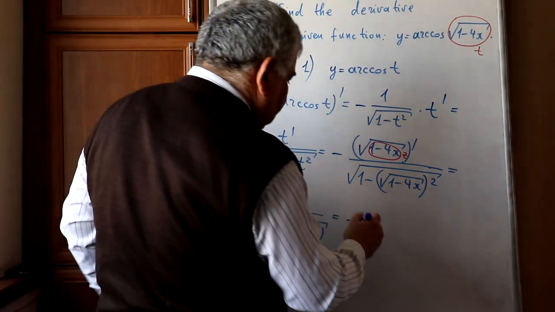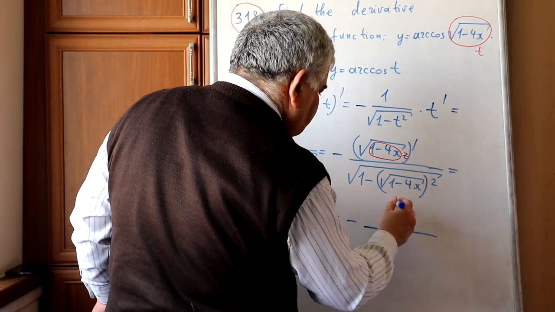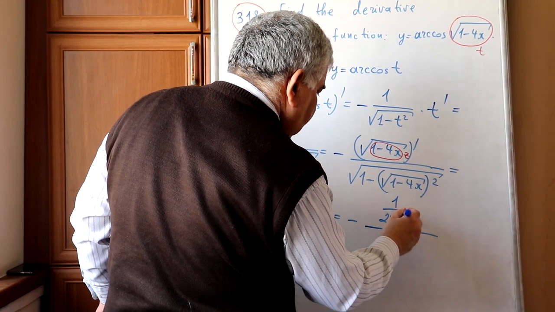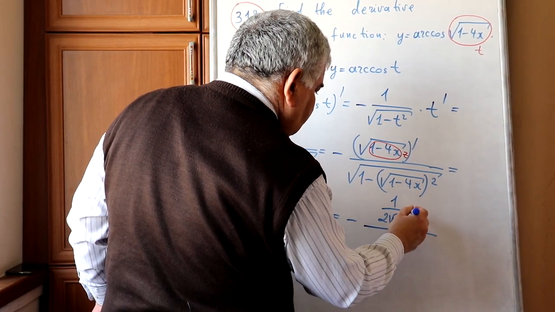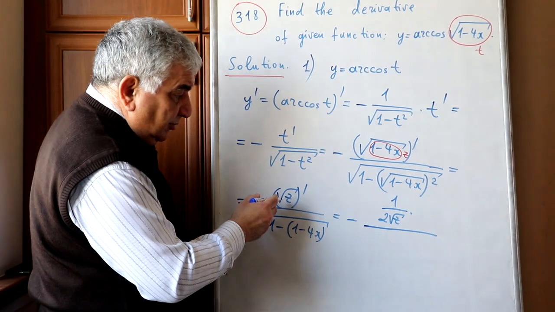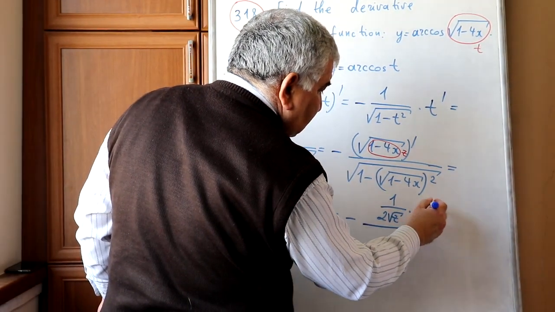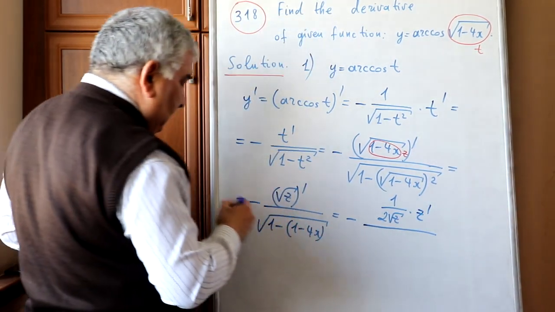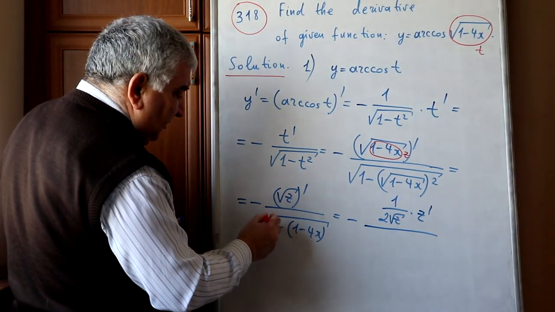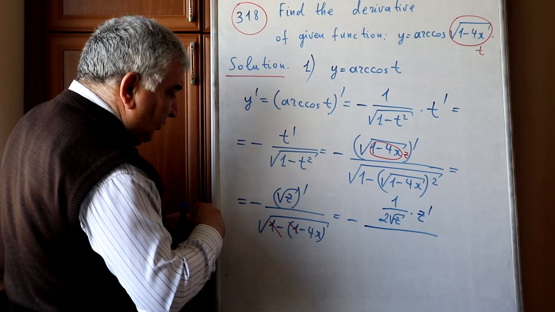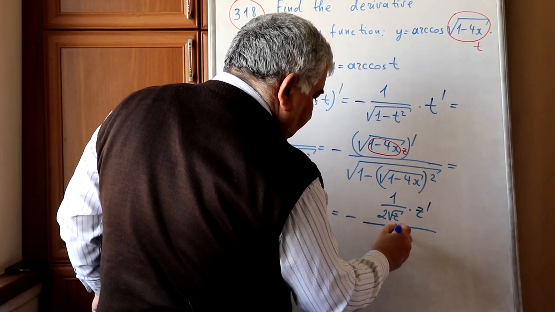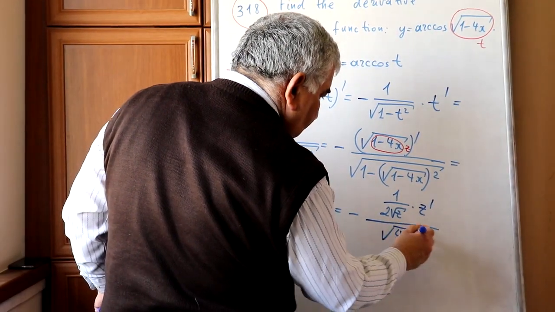It is 1 over 2 square root of z, but it is a complex function, and therefore we must multiply by z prime. Then here 1 and minus 1 are deleted, and then we have the square root of 4x.